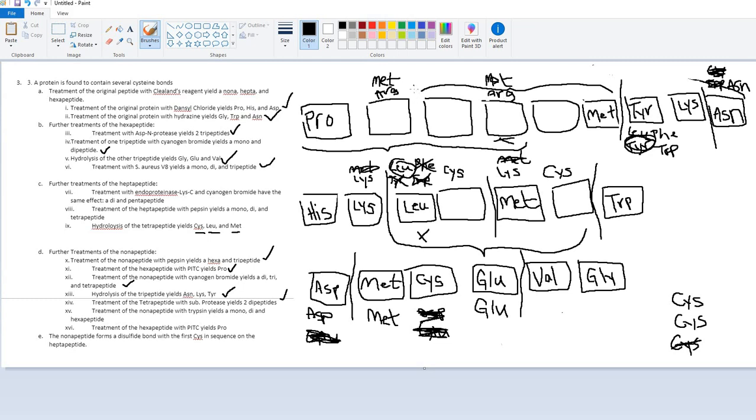Now if the arginine cleaved here, we would get a dipeptide, a hexapeptide right here, and our monopeptide. But if the arginine cleaved here, we would only get a tetrapeptide, a tripeptide, or another tetrapeptide, and a monopeptide, which is not what we want. So we know that the arginine must go here, and the methionine must go here.